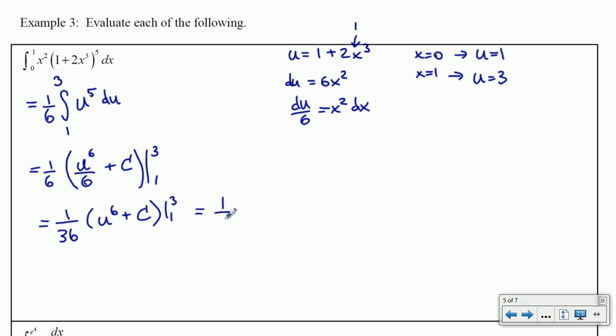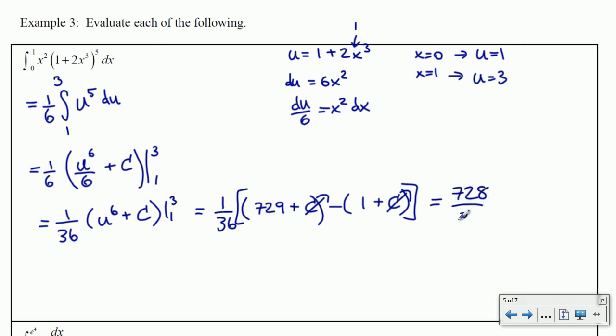So we have 1 over 36, and then we would do 3 to the 6th power, which is 729, plus c, and then we would subtract 1 to the 6th plus c, so that would be 1 plus c, and c minus itself is 0, so we would have 729 minus 1, which is 728 over 36, which reduces to 182 over 9.